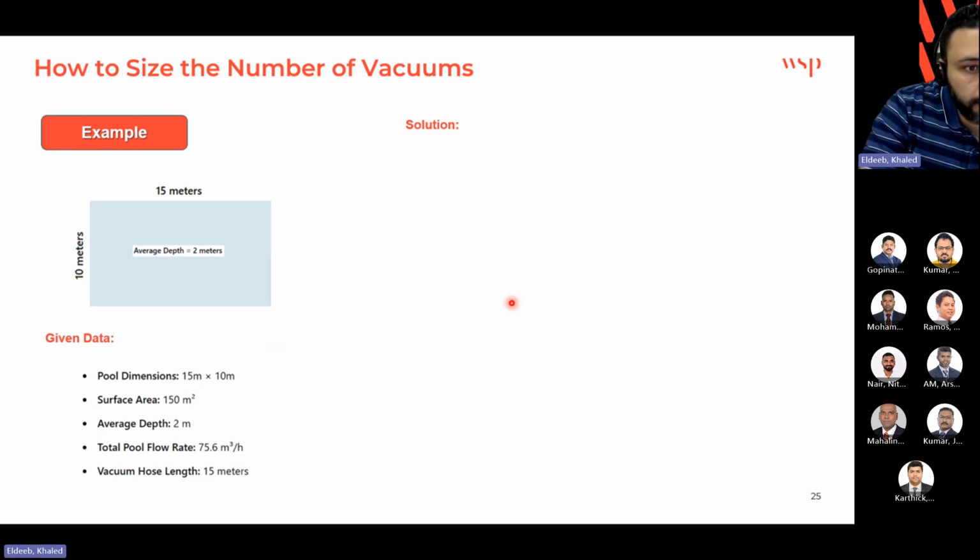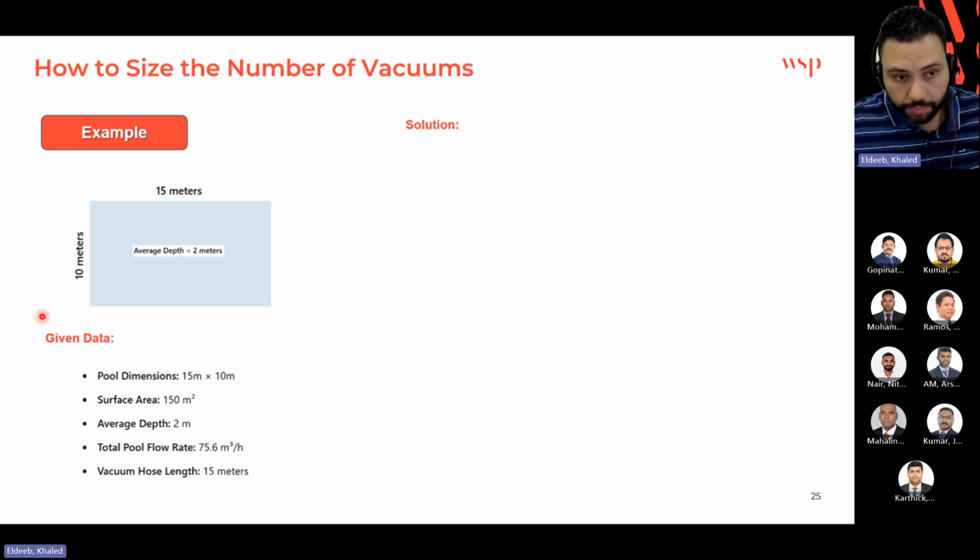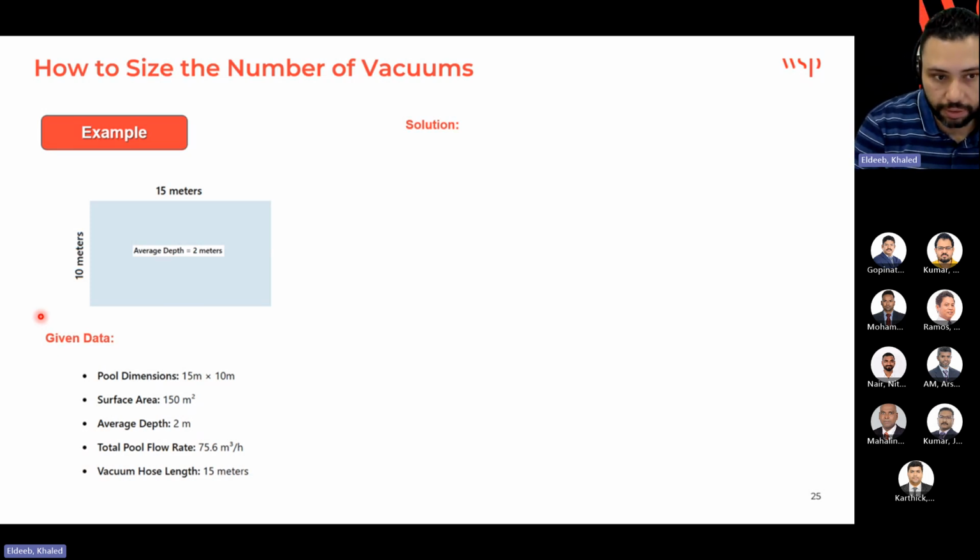Here we have the same example, the same pool. We are calculating the vacuum for this pool. We have the total flow rate here, and I forgot to tell you the hose length. The typical hose length is 15 meters, and this is one of the things you should consider when you size the vacuum, because the hose covers a certain circle or area.